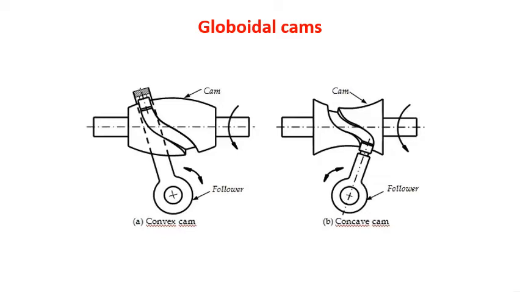This type of cam finds very limited application because the angle of oscillation is very high. A few special applications like indexing and other types of mechanisms use this type of cam.